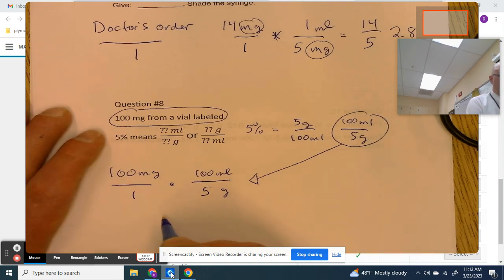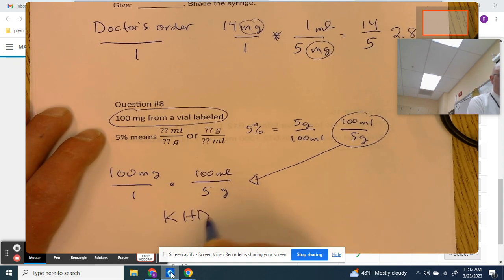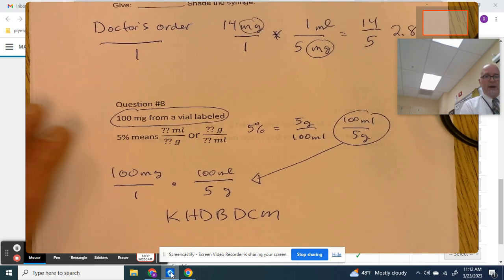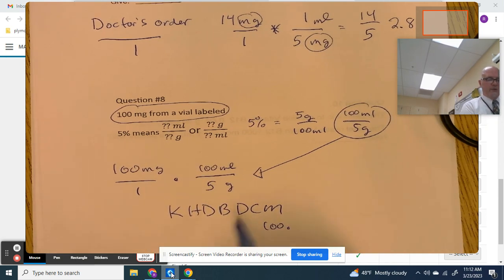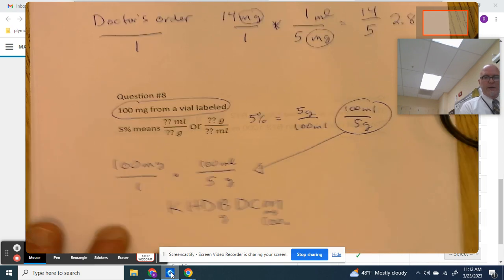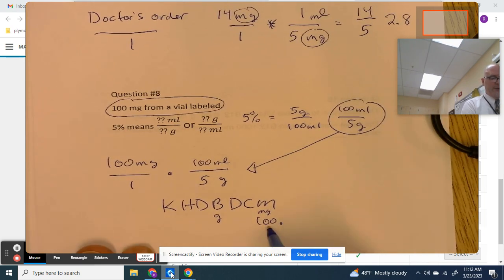Okay, here's a question. How do you change milligrams to grams or grams to milligrams? Okay, whatever way you want to go. If I want to have 100 milligrams, which is right here, and I want to change it to grams, grams being right here and milligrams being right here from previous, I've got to move my decimal point over 1, 2, 3 spaces.